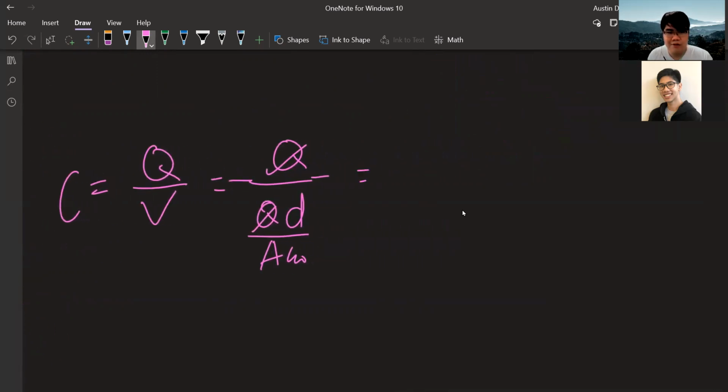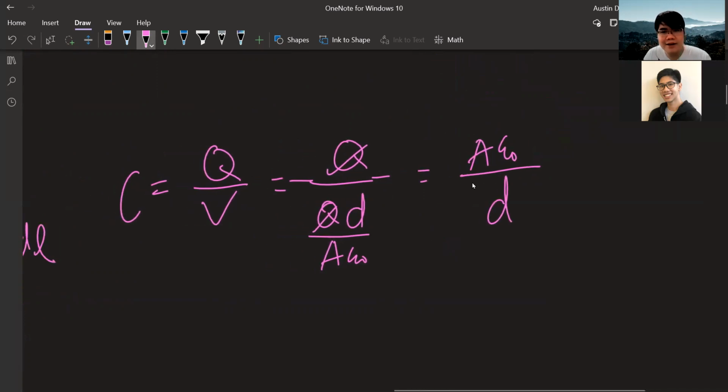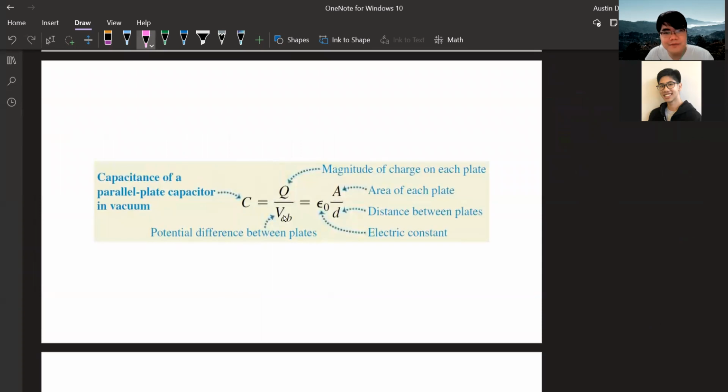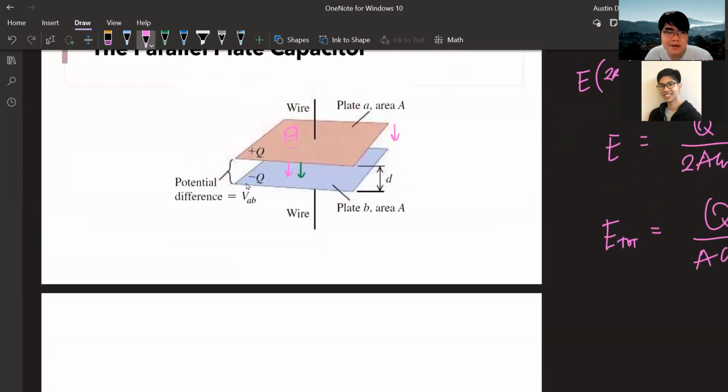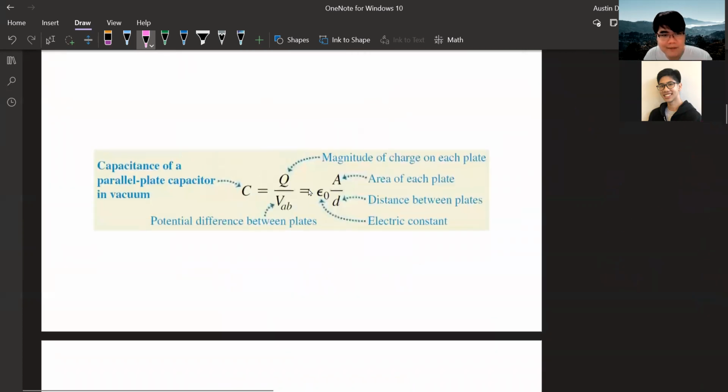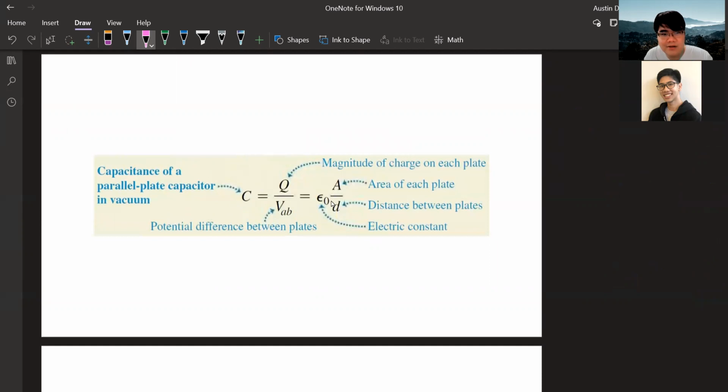I have A epsilon naught over D. Is what I did right? Okay, it's right. So the capacitance of a parallel plate capacitor is given by epsilon naught A over D, where D is the distance between the plates, and A is the area of each plate.